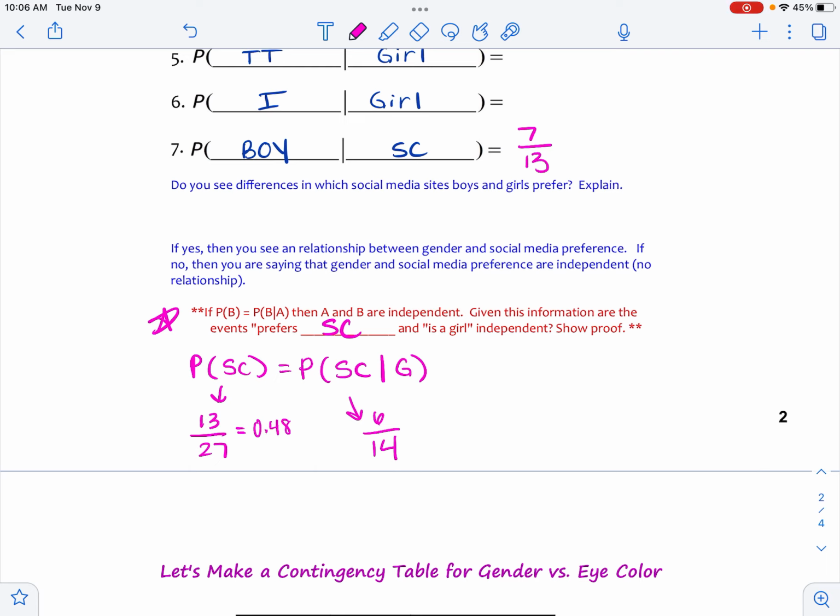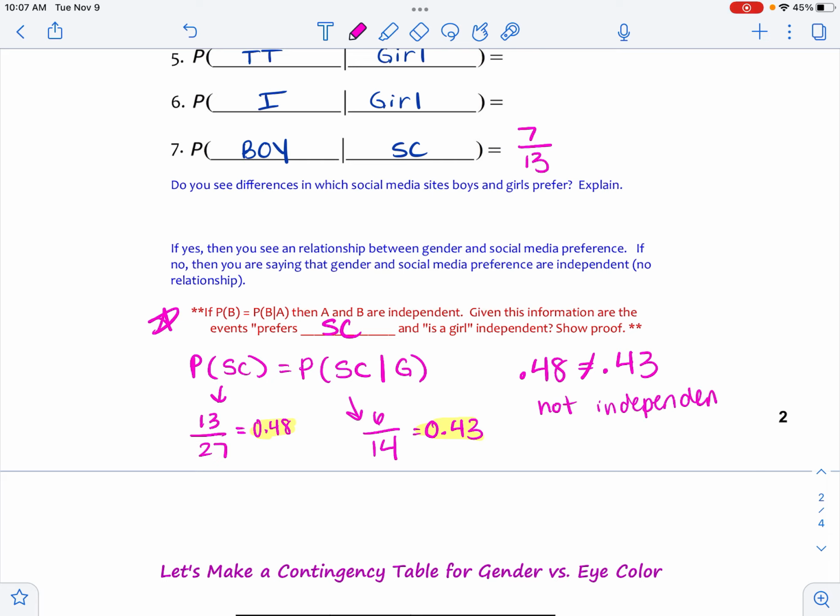And then 6 divided by 14, I get 0.43. Are these 2 equal? They do not equal each other. So these 2 events are not independent.